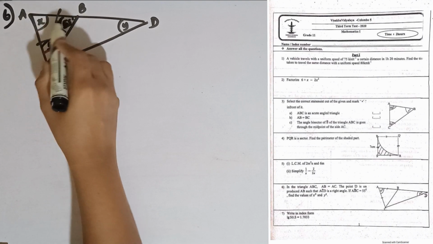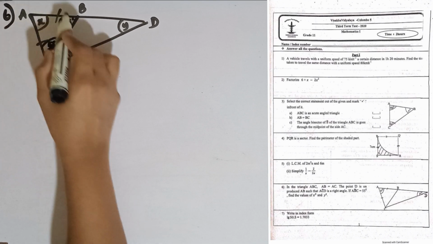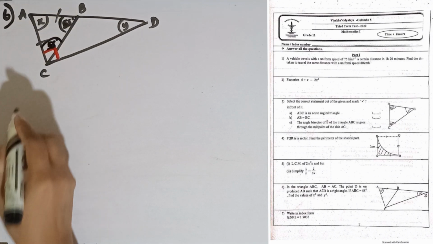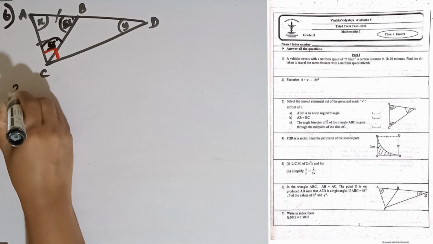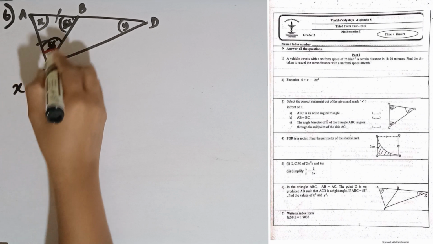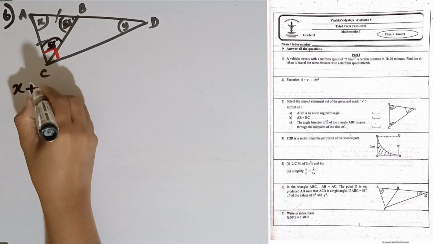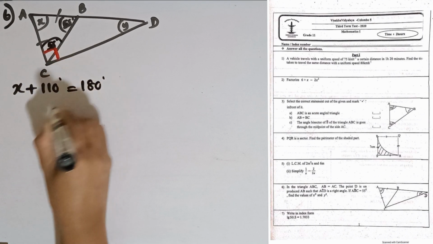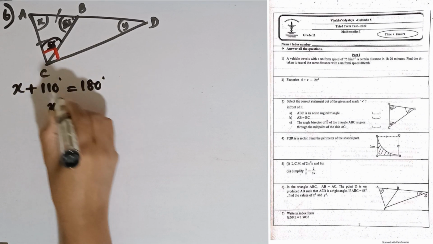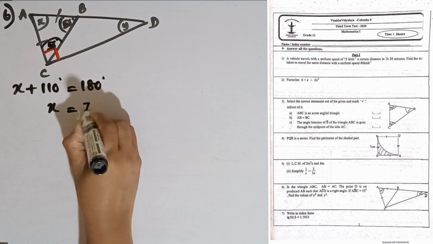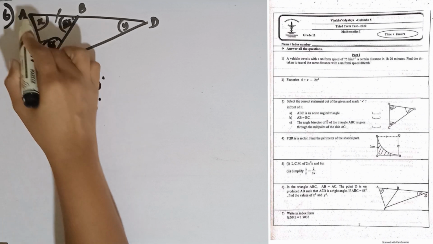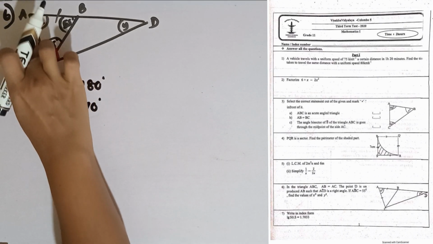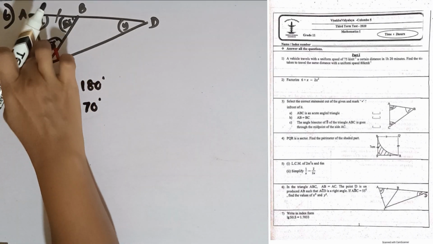So we can find x first by using the interior angle sum of this triangle. Then I can write x plus 55 plus 55 is 110 equals 180. Then x equals 180 minus 110, 70 degrees. Now we can use the larger triangle.